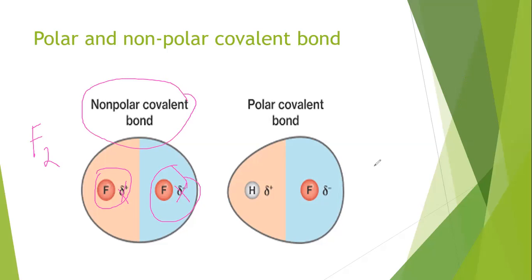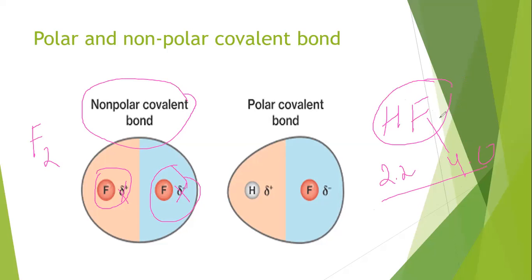But instead of it, if there is a hydrogen fluoride covalent molecule, then both have a difference of electronegativity. Hydrogen has electronegativity 2.2 and fluorine has electronegative value 4.0. So you can observe that there is a difference of electronegativity in hydrogen fluoride.